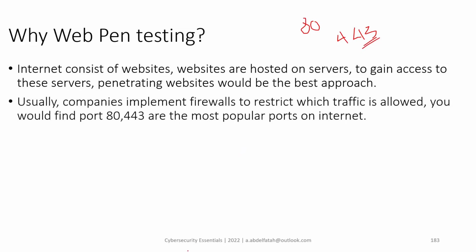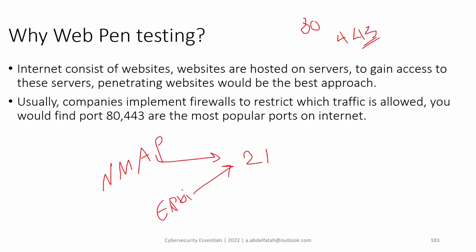Essentially, we don't see in the real world a lot of attacks based on an Nmap scan, where after scanning we find port 21 open, get an exploit, and exploit port 21. We don't see port 21 opened a lot actually. What we see more often opened is port 80 and port 443.